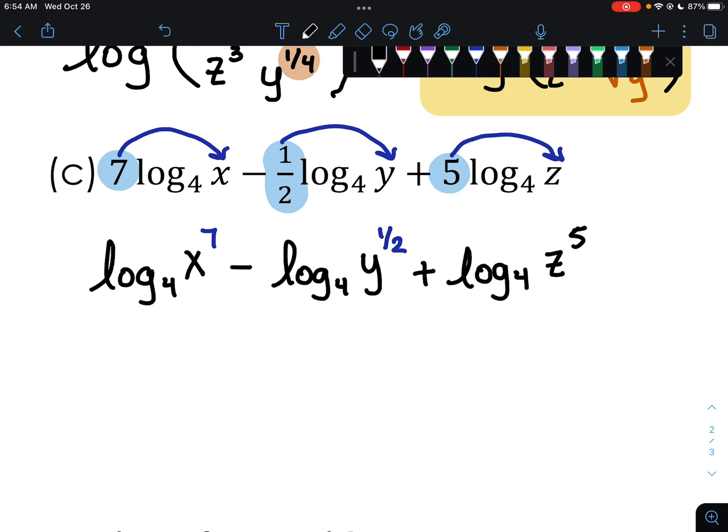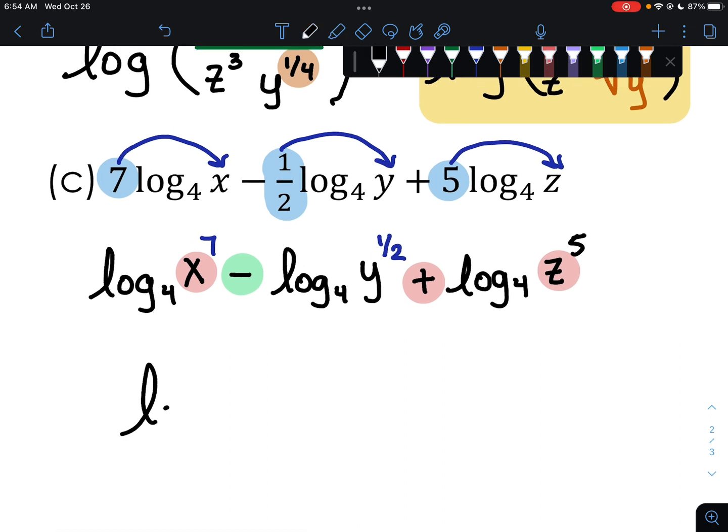Now, I see that I have a minus sign, but I also see that I have a plus sign. So in the numerator, the x and the z will be up top being multiplied because those are both positive. The y will end up being in the denominator because it has a minus sign. So we write it with one single log.